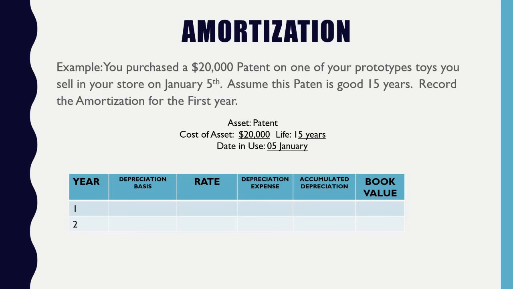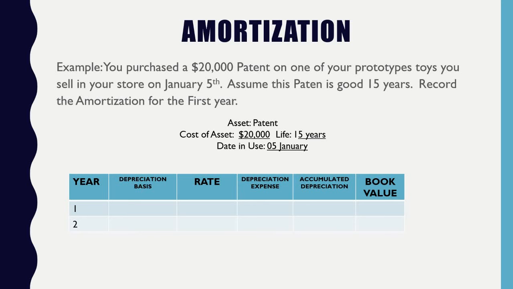Good. So what's the rate going to be? 0.0667. And the date we place in service is January.